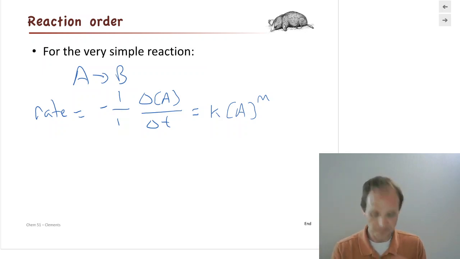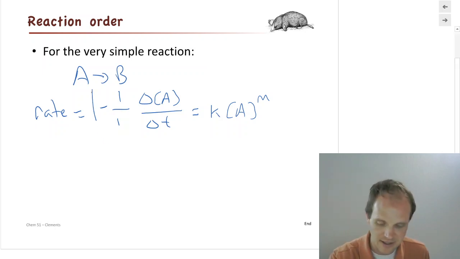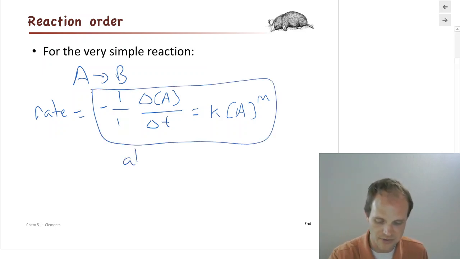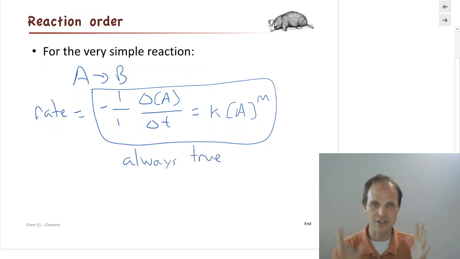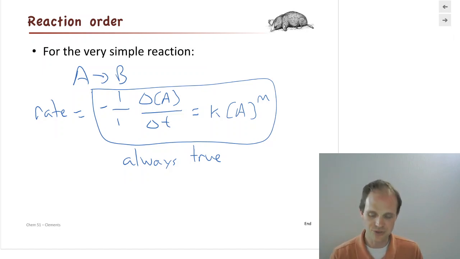Okay, so our rate that we defined, this is what rate means, is now also represented this other way by a rate law. So this is always true. There's no situation for the reaction A goes to B where this is not true. Now, we know that m is usually a small integer, small whole number.